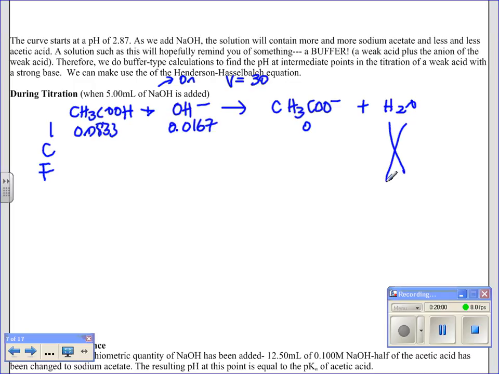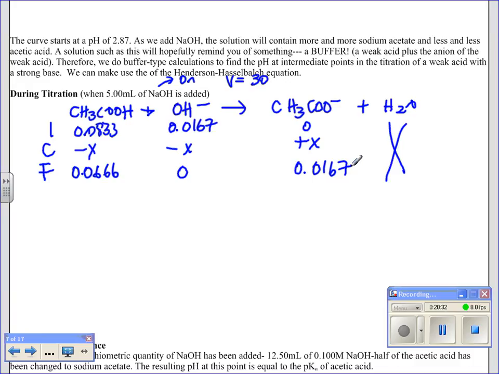The hydroxide is going to be our limiting reactant, so it goes down to 0, and it helps us know what our X value is, which is 0.0167. So we can figure out what the concentration of the acetic acid and the acetate ion are in the solution once the hydroxide has been consumed.